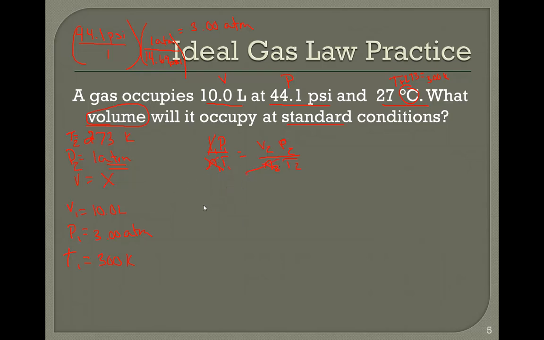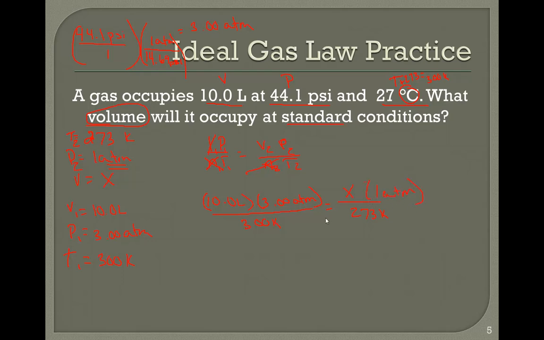It starts off at 10.0 liters at 3 atmospheres, at a temperature of 300 Kelvin. It is then cooled to 273 Kelvin. We're looking for the temperature, or I'm sorry, we're looking for the volume, and we know it's going to be 1 atm.